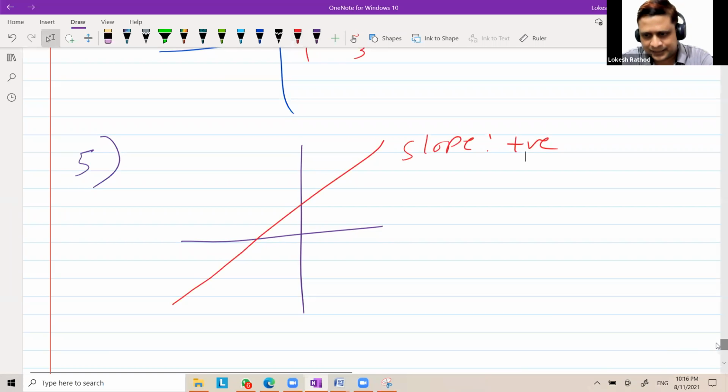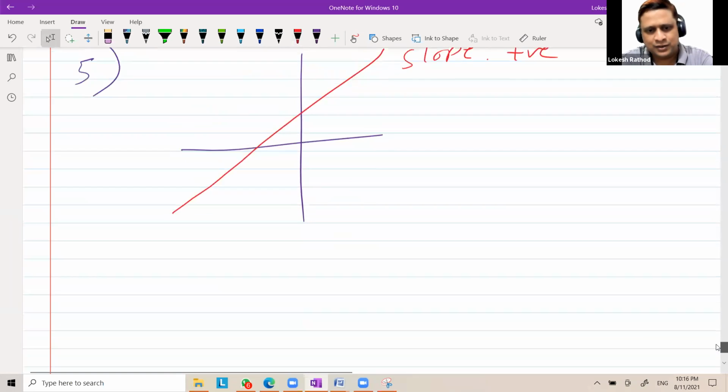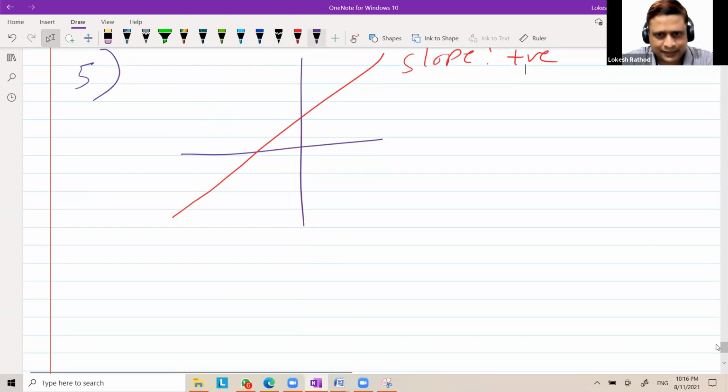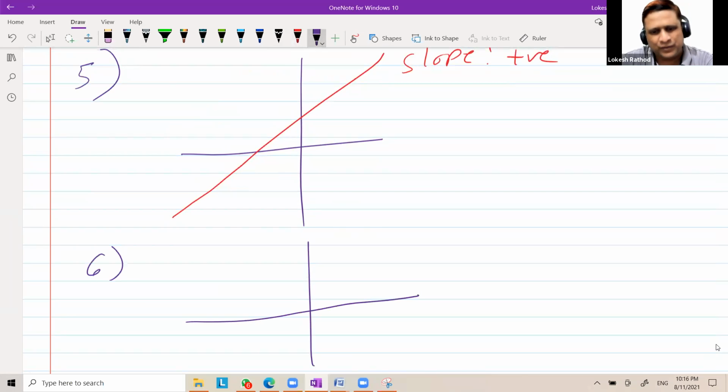And any line which is decreasing has a negative slope, which you can verify by taking any point on the line.